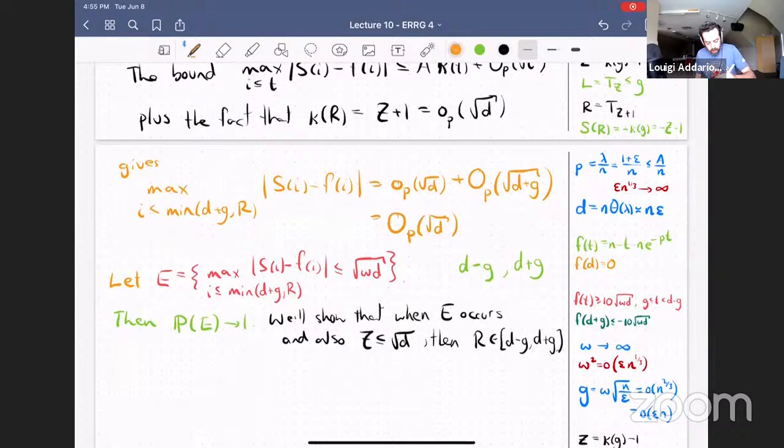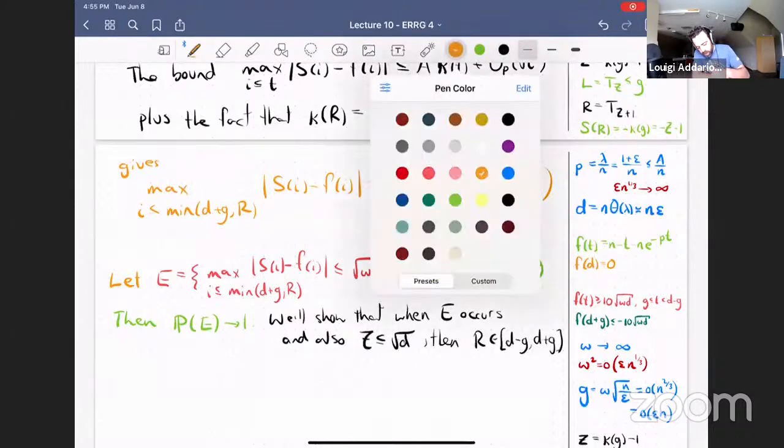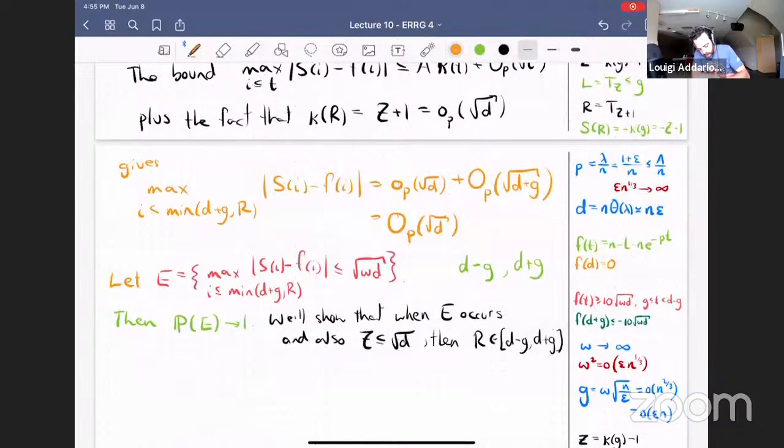So this whole interval here is d minus little o of d, d plus little o of d, and d is n theta lambda, right? So this really shows that r is 1 plus little o(1) times n theta lambda when these events occur.